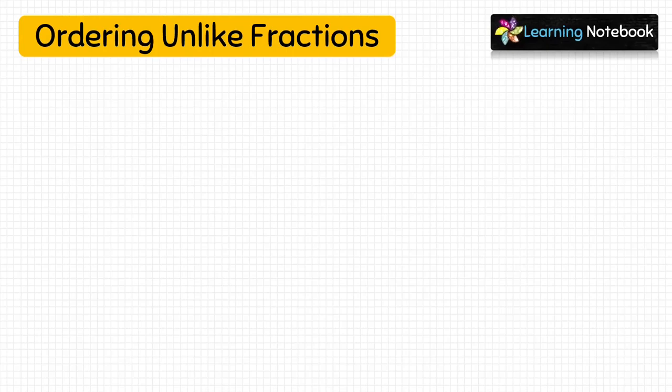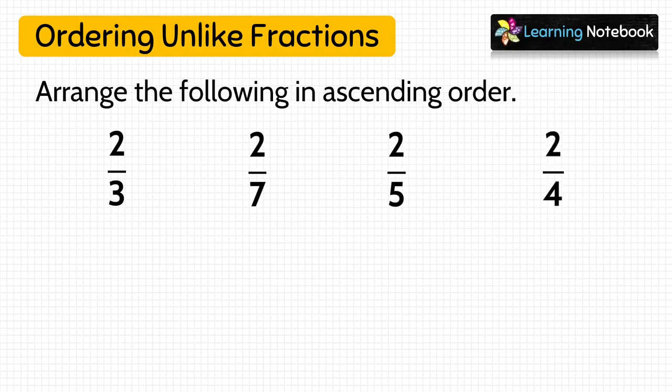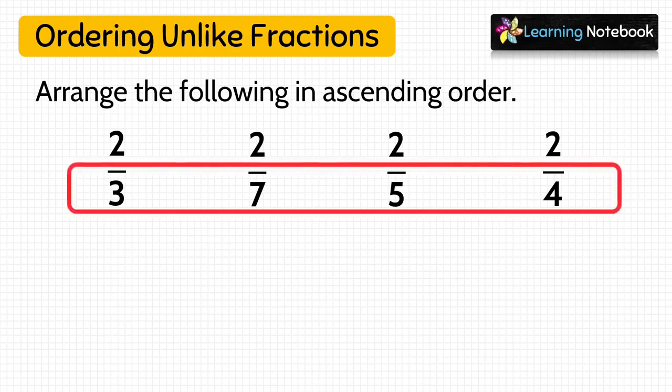Now let's learn how to order unlike fractions. Arrange the following in ascending order. We are given 4 unlike fractions and we have to arrange them in ascending order. Here, look at these fractions. These 4 fractions have same numerators but different denominators. Since the numerators are same, we will just compare their denominators.